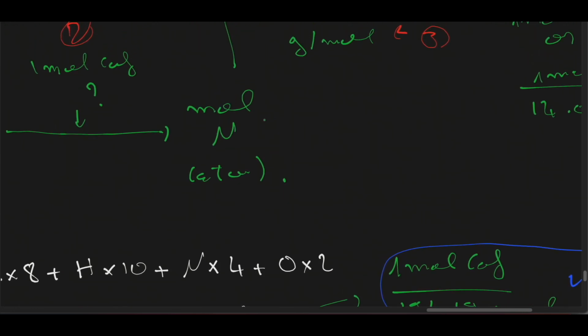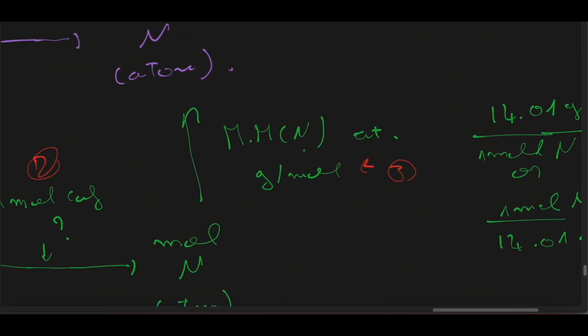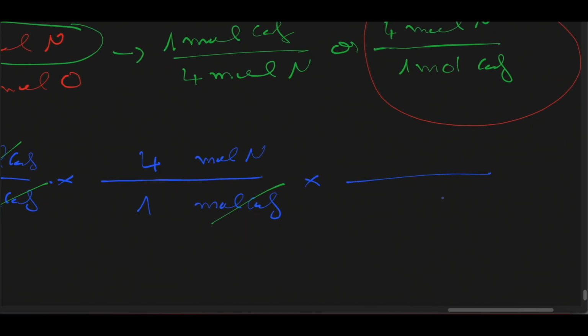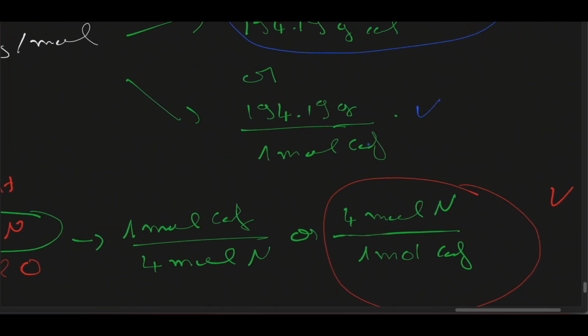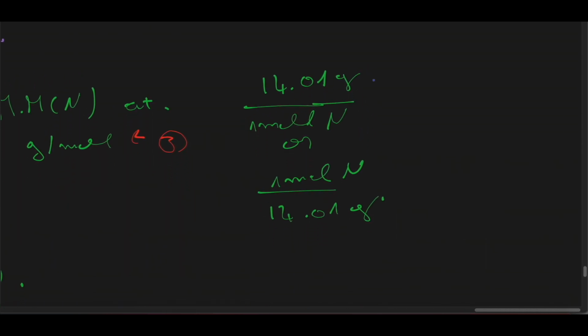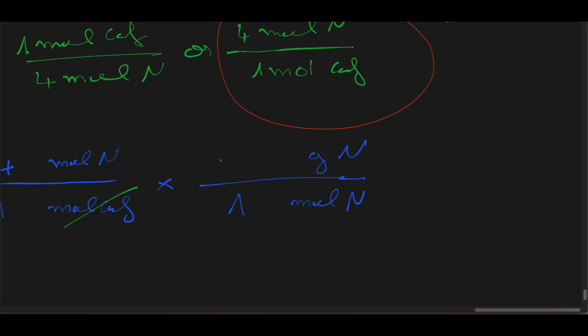And the last stage, in order to go to the mass of nitrogen, we have to use the molar mass of nitrogen. So we multiply here by a fraction where mole of nitrogen is written on the bottom and gram of nitrogen on the top. We have either this one or this one. Here we'll be using this one because we have gram of nitrogen on the top. 1 mole of nitrogen has a mass of 14.01 grams of nitrogen.